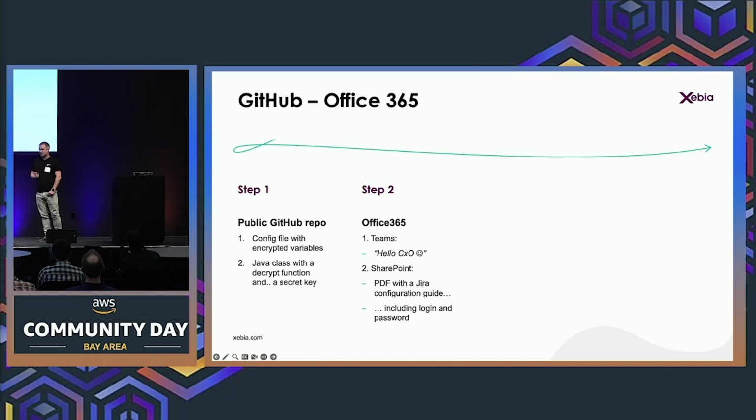But you also have access to SharePoint. That's the place where you look for data. And many teams are misconfigured in a way that they are public in the context of a company. But I already have access to a valid account in that company, so I have access to all public resources in SharePoint, including a PDF with a full Jira configuration guide, step by step.